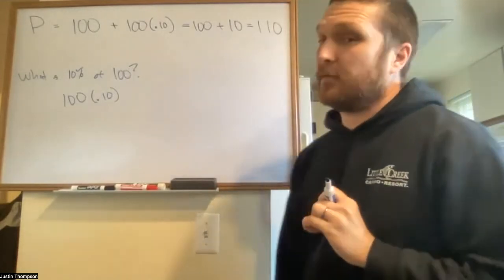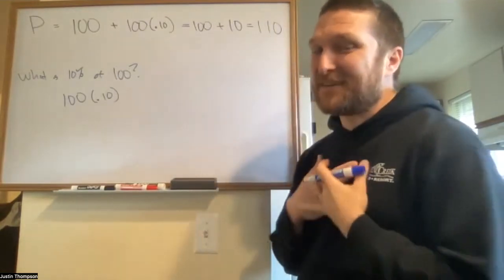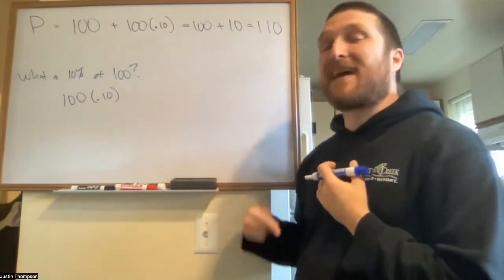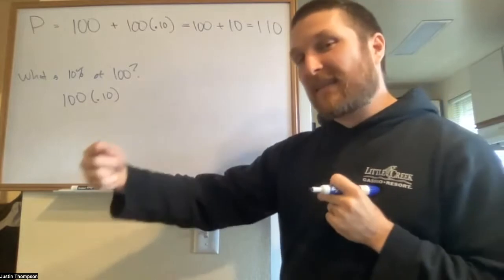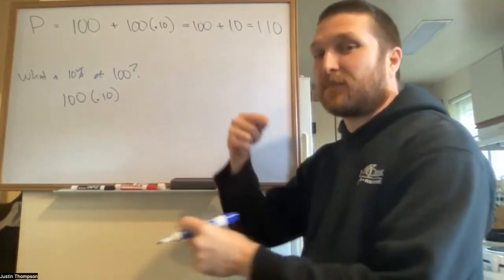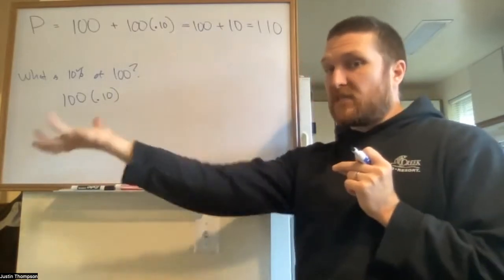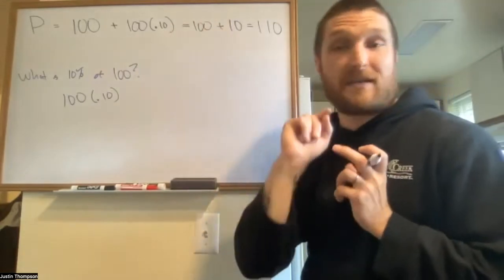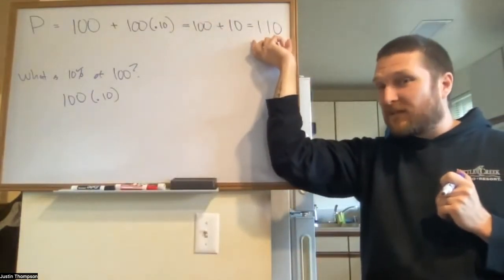Okay. Now, this is what banks do. They say, but if you let me have it for 2 years, I'll do that calculation again. In other words, we're going to calculate this interest once a year. And so you give it to me for 1 year, and then at the end of that year, I'll give you that 10%. But guess what? Now you have $110 in your bank account.